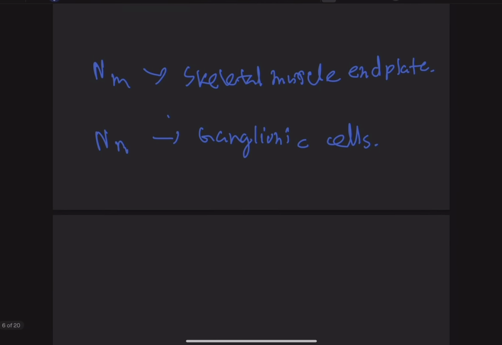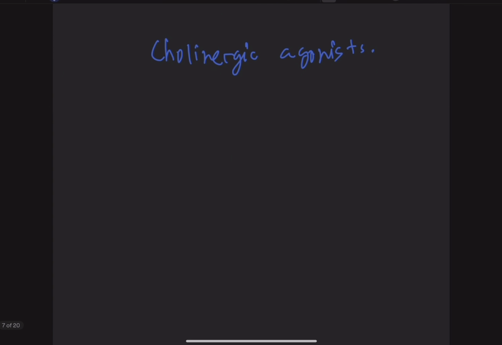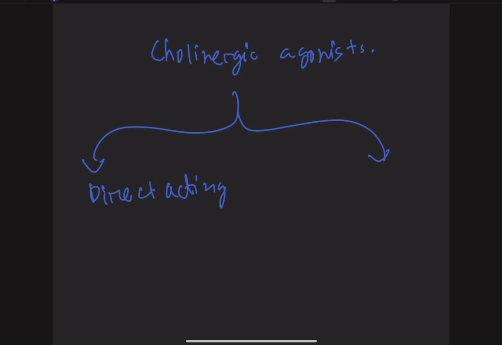So our main topic of today is cholinergic agonists. We have two types of cholinergic agonists. There is directly acting cholinergic agonist, and there is indirectly acting cholinergic agonists.